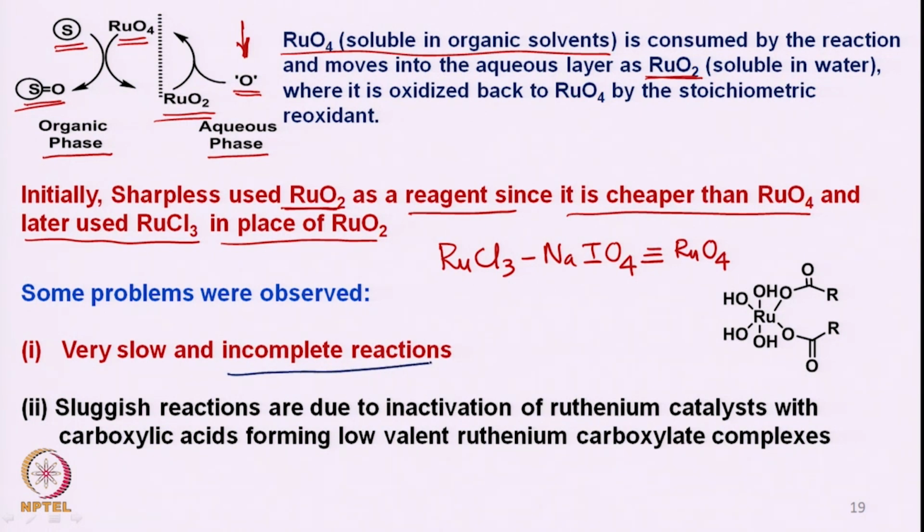This happens in cases where carboxylic acid is formed. The sluggish reactions which are observed are due to the inactivation of ruthenium catalysts with carboxylic acids that form low valent ruthenium carboxylate complexes such as this.